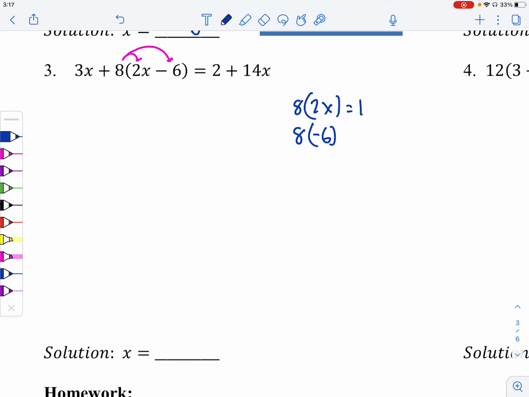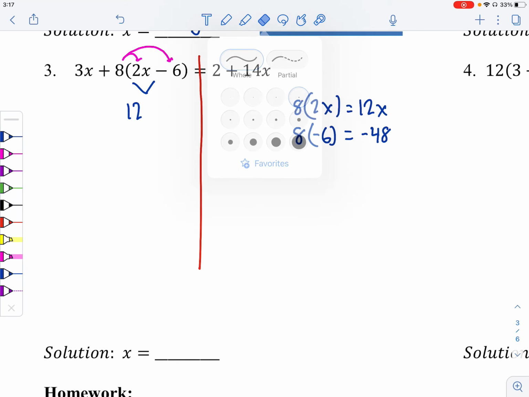We have 8 times 2, 16 with x's. 8 times negative 6, negative 48. Okay, so this becomes 16x minus 48.